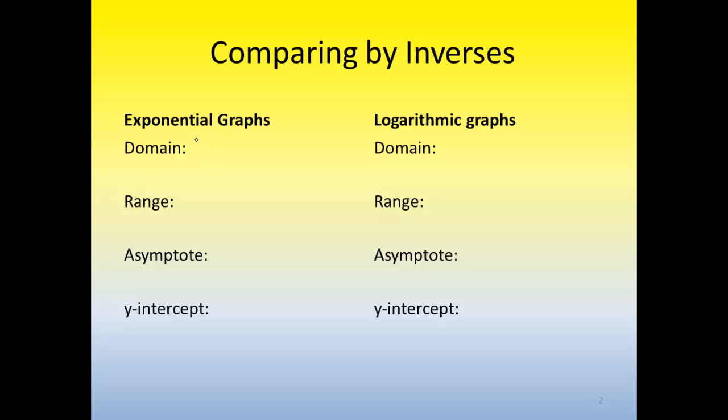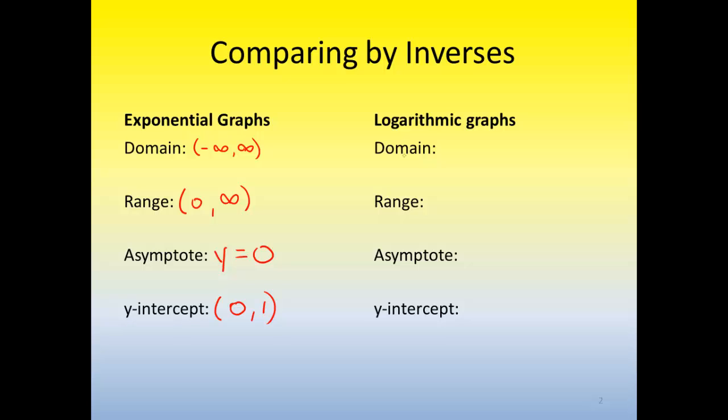We know exponential graphs have a domain of all real numbers, the basic ones at least, a range from 0 to infinity, not including 0, because y equals 0 is a horizontal asymptote, and we have y-intercepts at 0, 1.